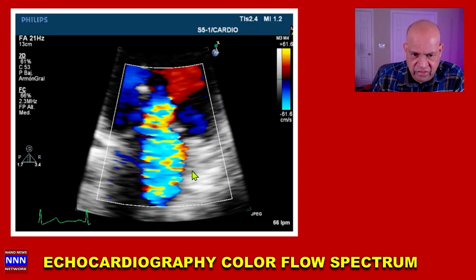Here's another example. As you can see, we're getting more towards cyan. That is showing a regurgitation which is pretty turbulent, and there's a pretty wide neck here. This is across the mitral valve, and you can see there's a velocity.